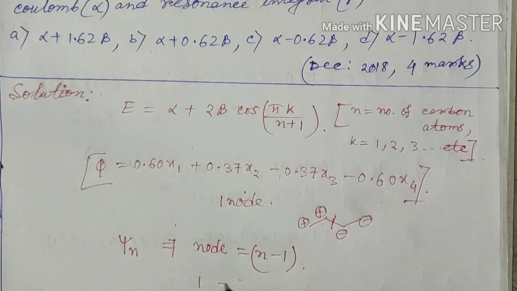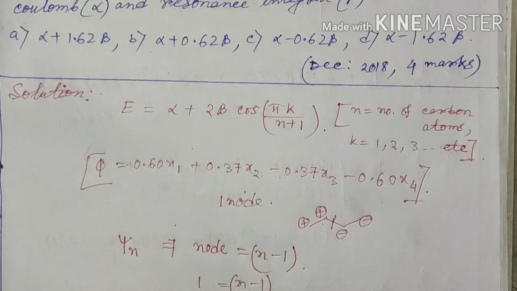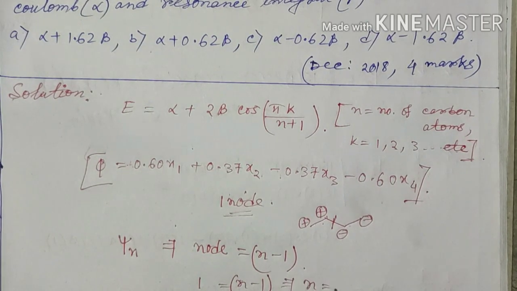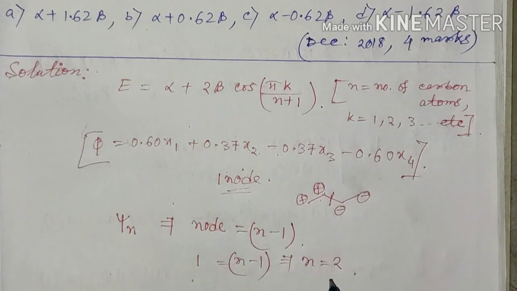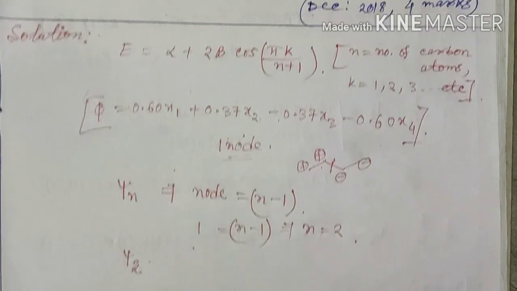Since we have to calculate the energy level for the wave function for which there is one node, n will be 2. That means we have to calculate the energy level of psi 2. For this there is one nodal plane.